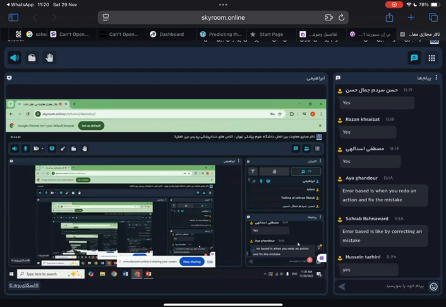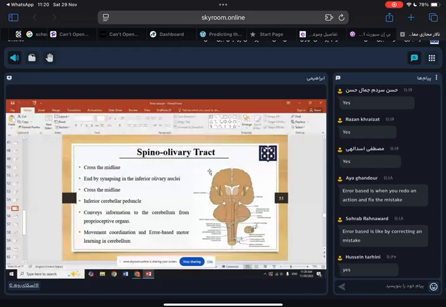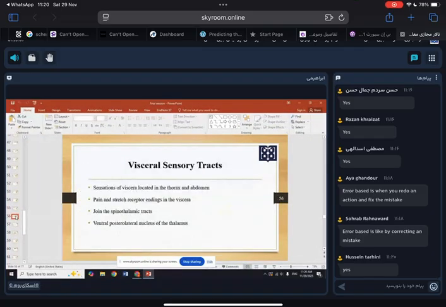For example, you ride the bike in the true situation, the true position, the true pattern. So this part, error-based learning, is related to the cerebellum, and the new motor learning is related to the cerebral cortex. This was the definition for the spino-olivary tract.